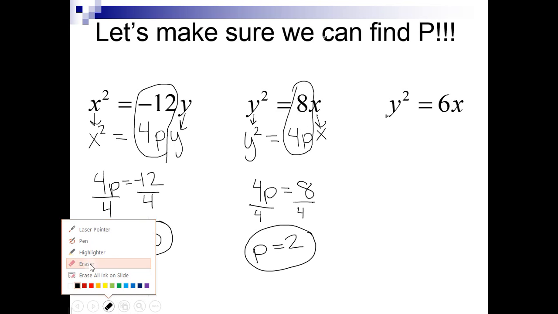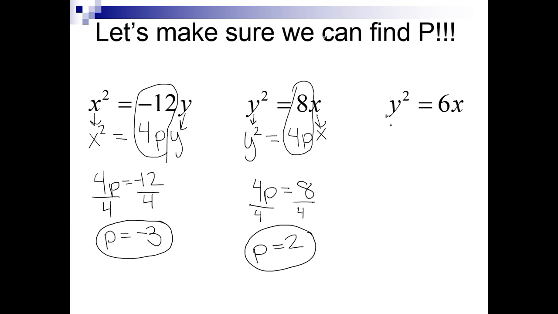Now, let's look at this last one. This last one is a little harder to get than p off the top of our head. The last few, you could have maybe done it. So let's rewrite this in the standard form. So I have 4px. I'm going to take a look at the 6 and the 4p, the only things that aren't the same. So I have 4p equals 6.